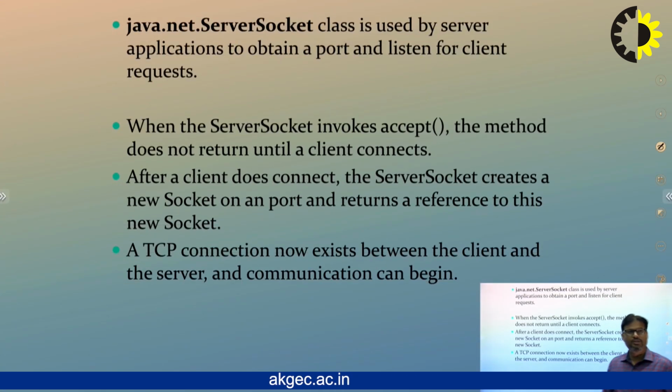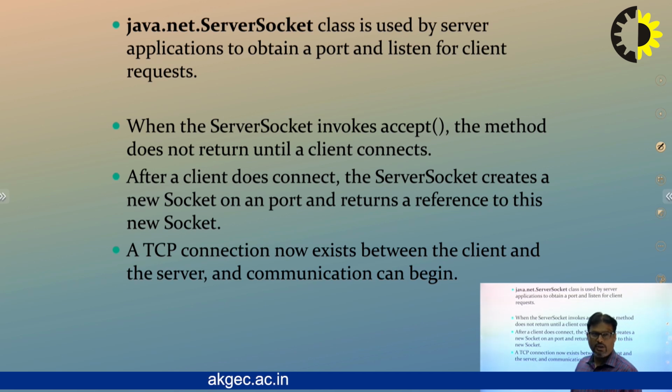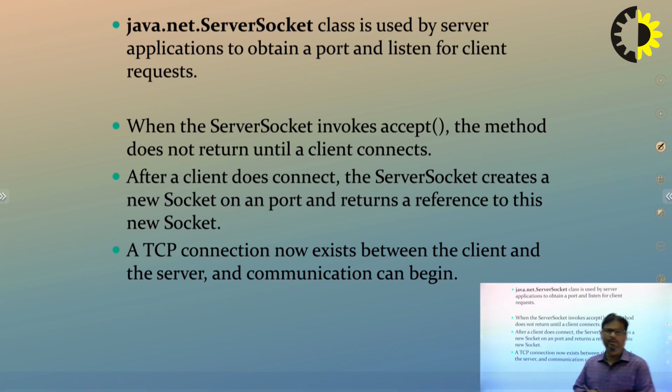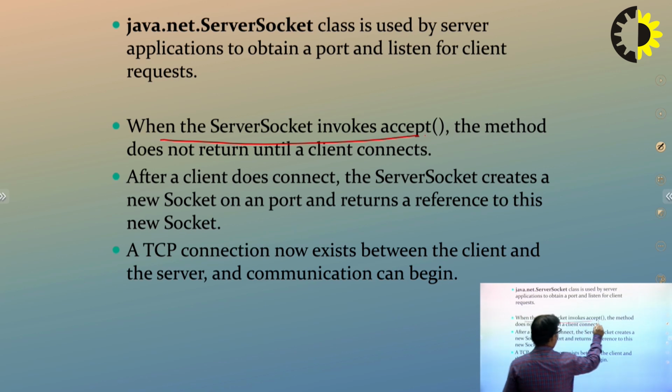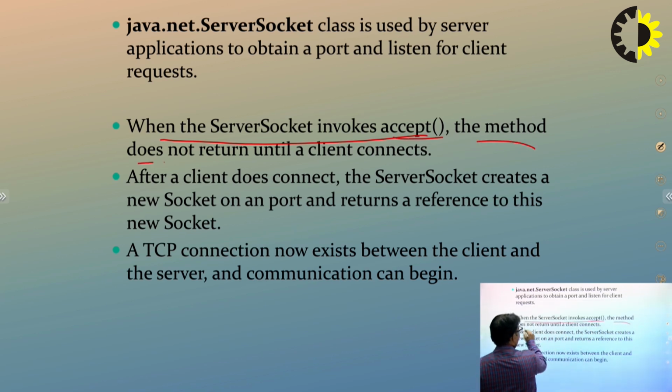Here I use the java.net.ServerSocket class. It is used by the server application to obtain a port and listen for client requests. When the server socket invokes the accept method, the method does not return until a client connects.